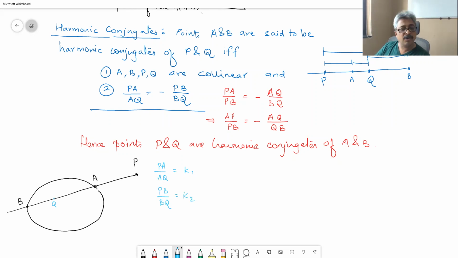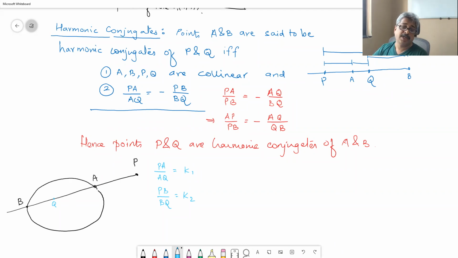So Q can be anywhere on this line. And if you have Q anywhere on this line, there will be one ratio K1, PA upon AQ, and there will be another ratio, PB upon BQ.